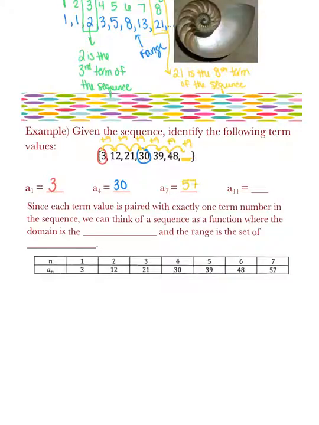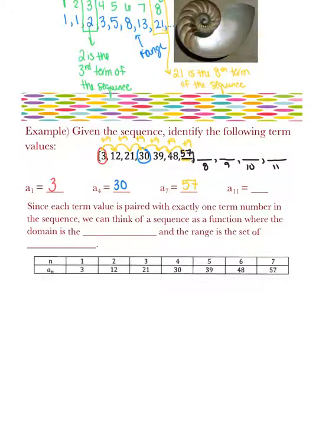giving me 57. Okay, now I am asked to find a sub 11. That's going to be a little bit of work, not a ton, but if 57 is my 7th term, I'm going to go down here and do some work. I have some space here, 57. That's my 7th. Here are my 8th, 9th, 10th, 11th.